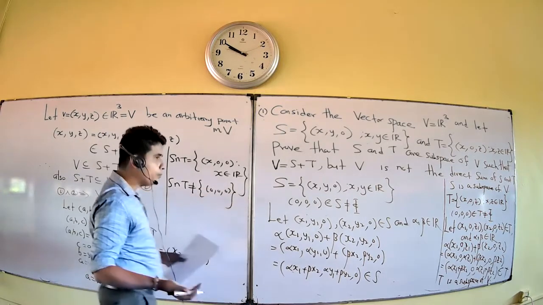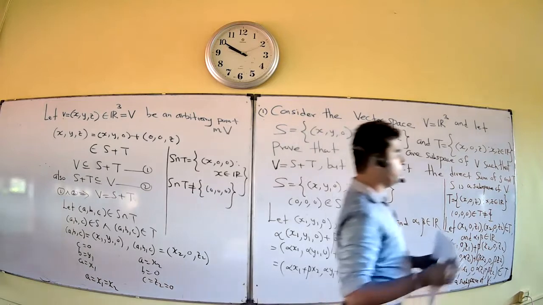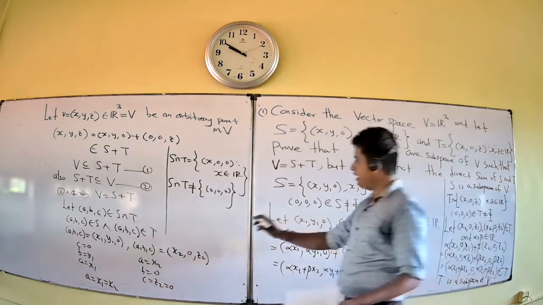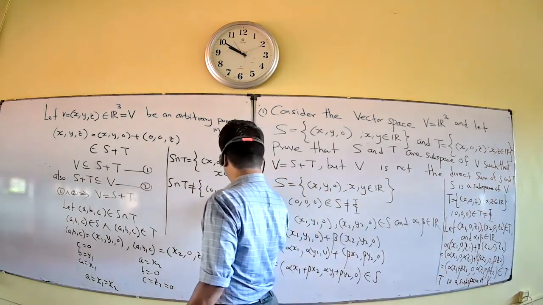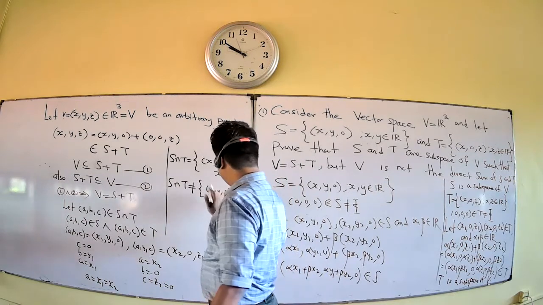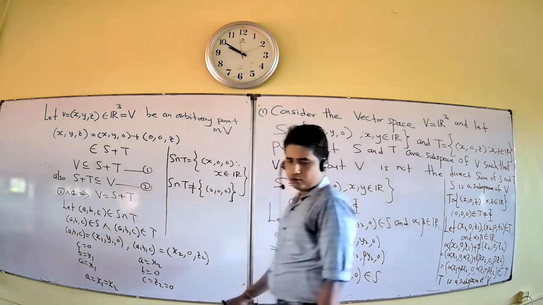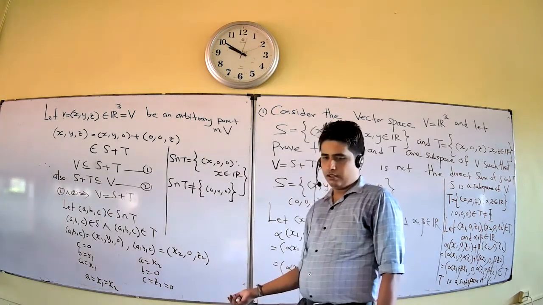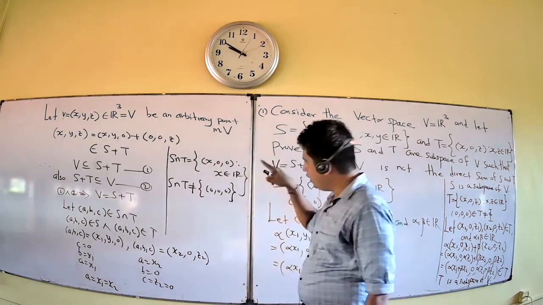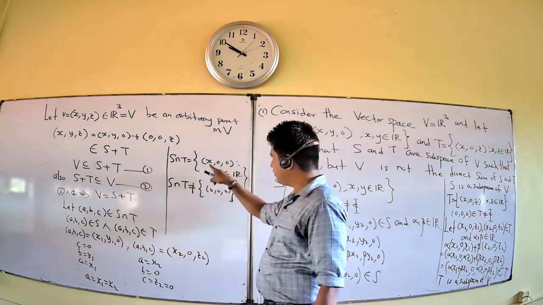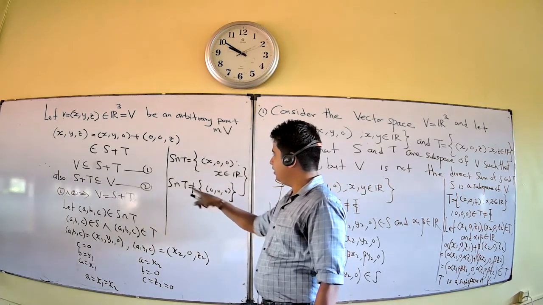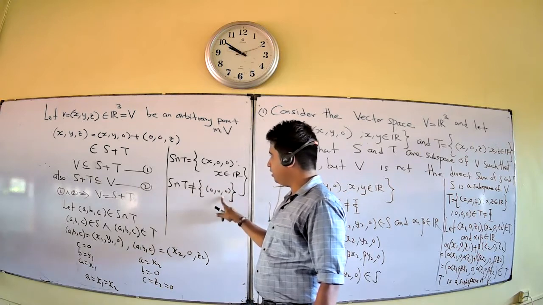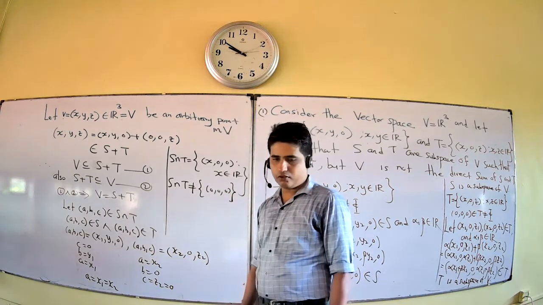The 0 value is possible, but here only 0 values exist. Here some other values exist. Here there is a 0 value also, but for x you can put any real number. (1, 0, 0) is also there. If this intersection is only (0, 0, 0), that means the set is only (0, 0, 0), then the direct sum condition is satisfied.